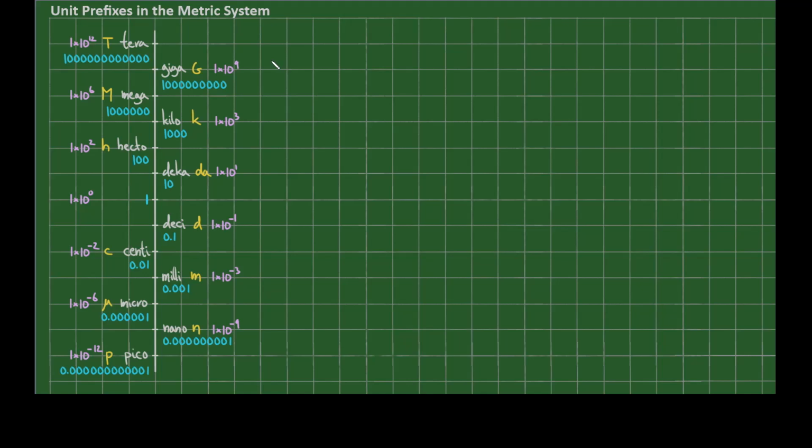And so if I have 1 kilometer, it would be written as 1 km. If I have 100 centimeters, it would be written as 100 cm. If I have 6 megaliters, the symbol would be capital M, capital L, because the capital M stands for mega and the capital L stands for liters.